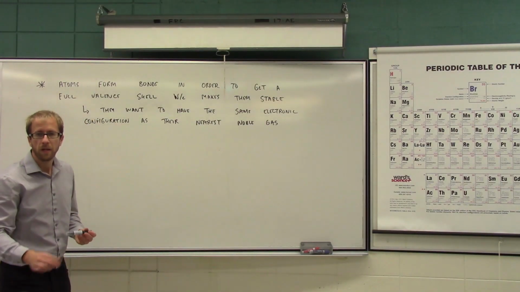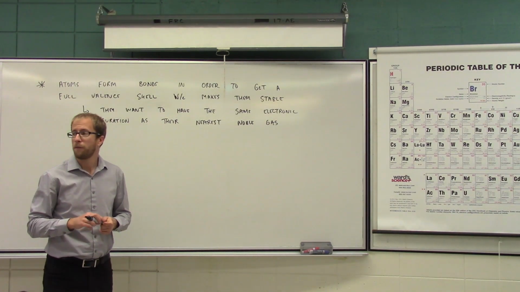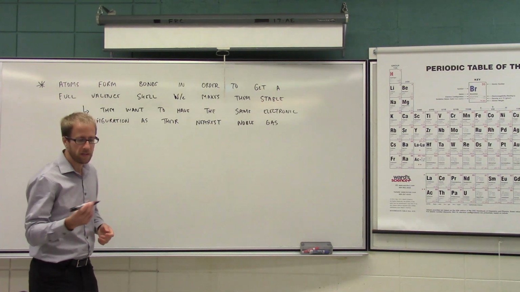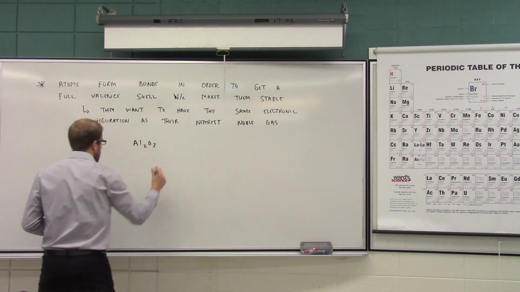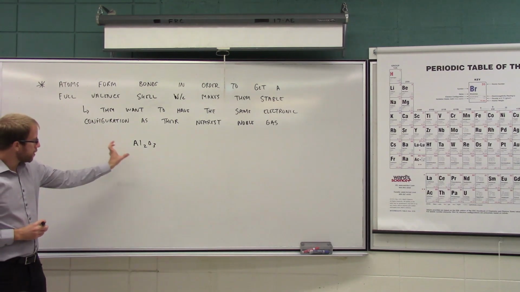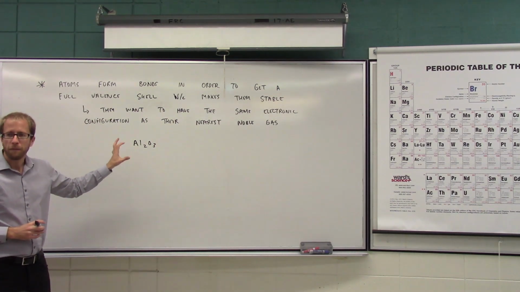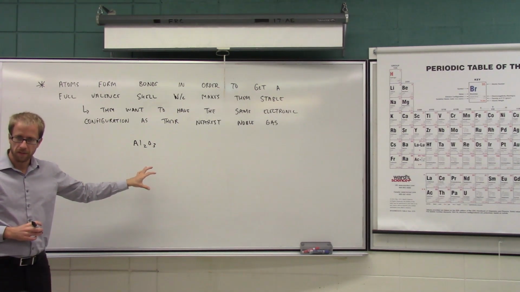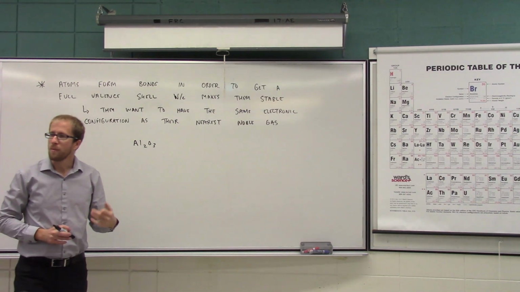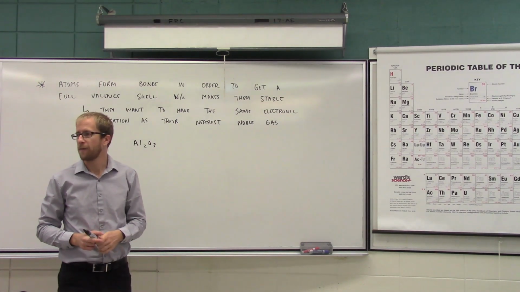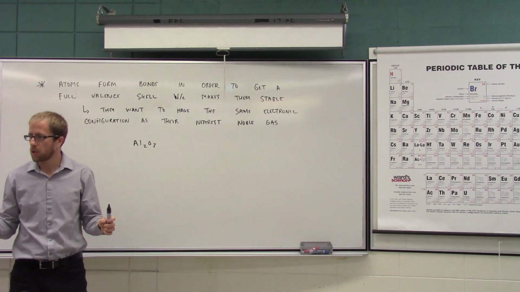All right, so last quick note. The formula for that compound we drew was Al2O3. Now, this here is what we call a formula unit. Okay? So last year, you may have heard the word molecule kind of used for everything. Do you guys remember what a molecule is?